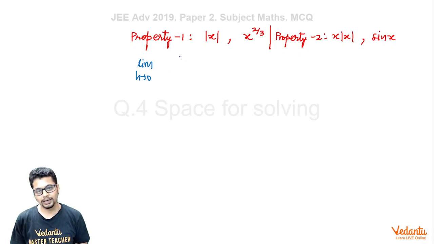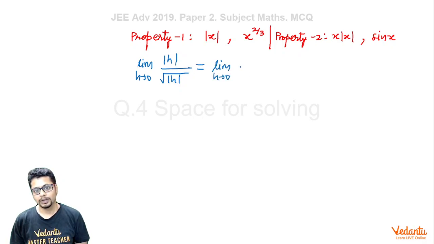Here f of h in this first case would be mod h, minus f of 0 which is 0 only, divided by under root of mod h. So essentially it becomes limit h tending to 0 of under root of mod h, and this is clearly equal to 0. So that means mod x has property 1.